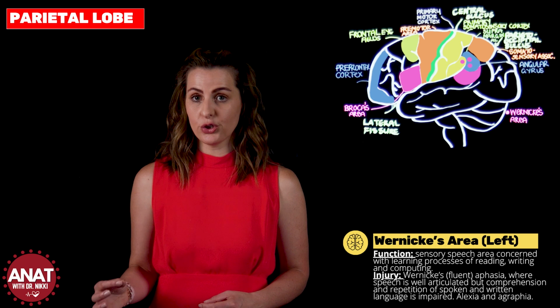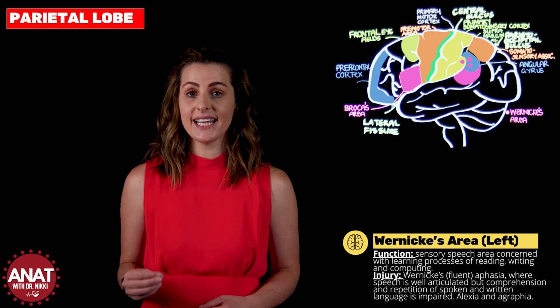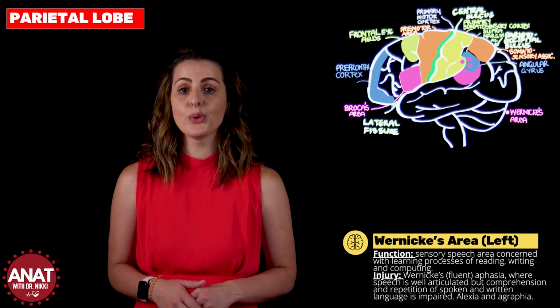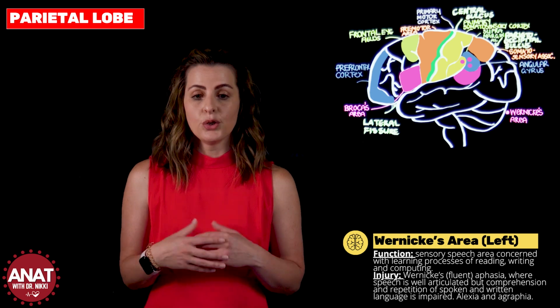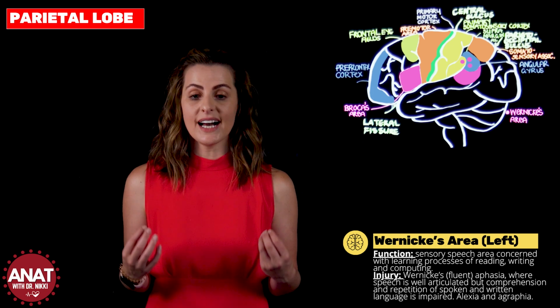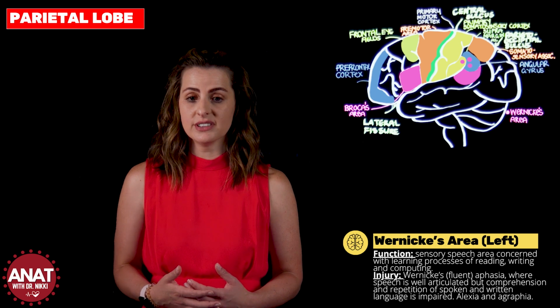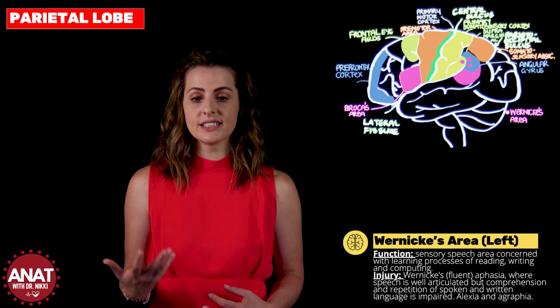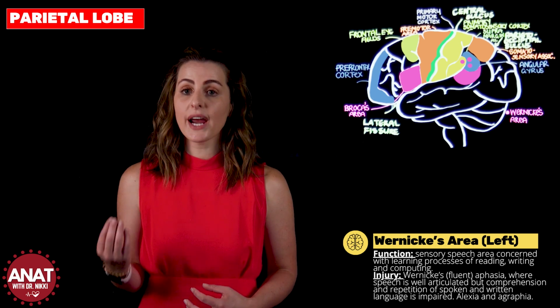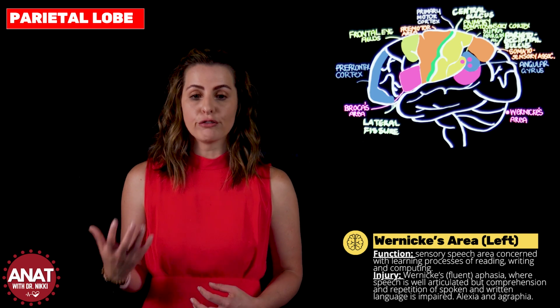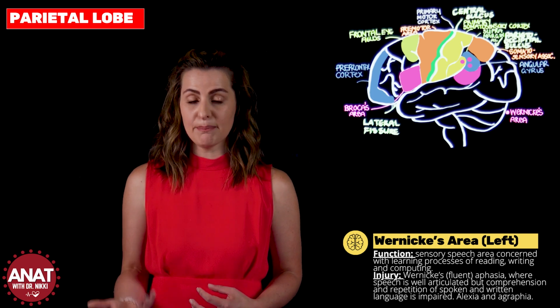Therefore, a lesion to this area results in Wernicke's aphasia, also referred to as fluent aphasia. We can see that speech is well articulated in these individuals, and they may even talk faster than usual, but their comprehension and repetition of written or spoken language is impaired.